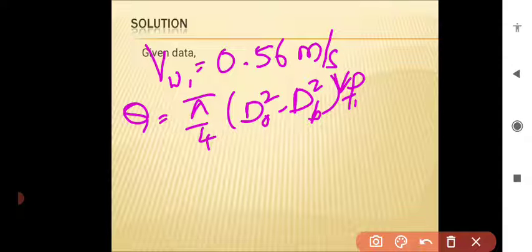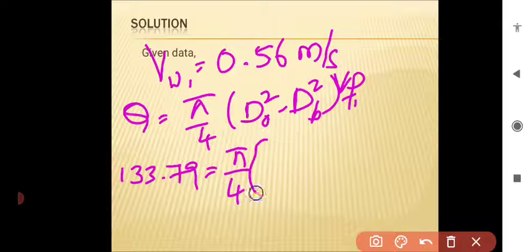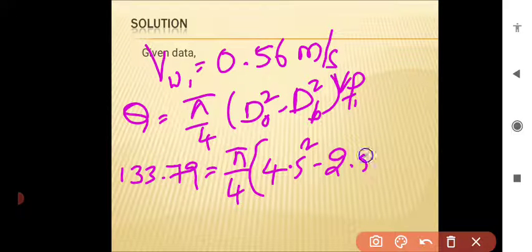So we know the Q value 133.79, that is equal to pi by 4. We know the d naught value is 4.5 square minus diameter of the hub, which is 2.5 square, into Vf1.